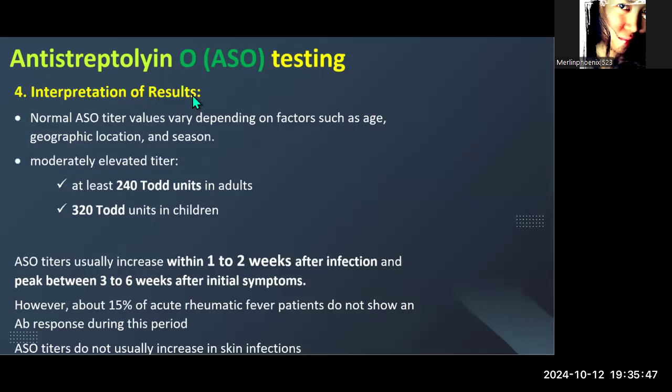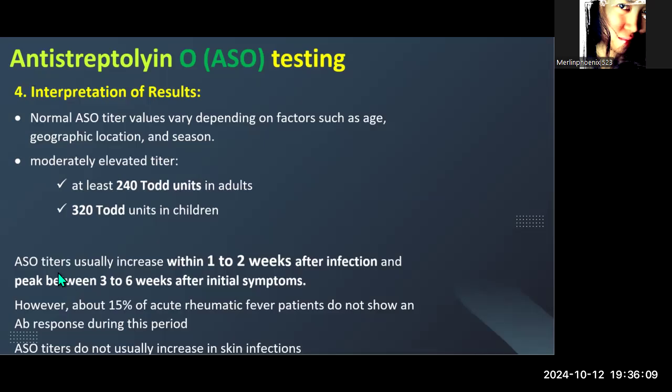So for the interpretation of ASO testing results, normal ASO titer values vary based on factors such as age, geographic location, and season. A moderately elevated titer is at least 240 Todd units in adults, and 320 Todd units in children.